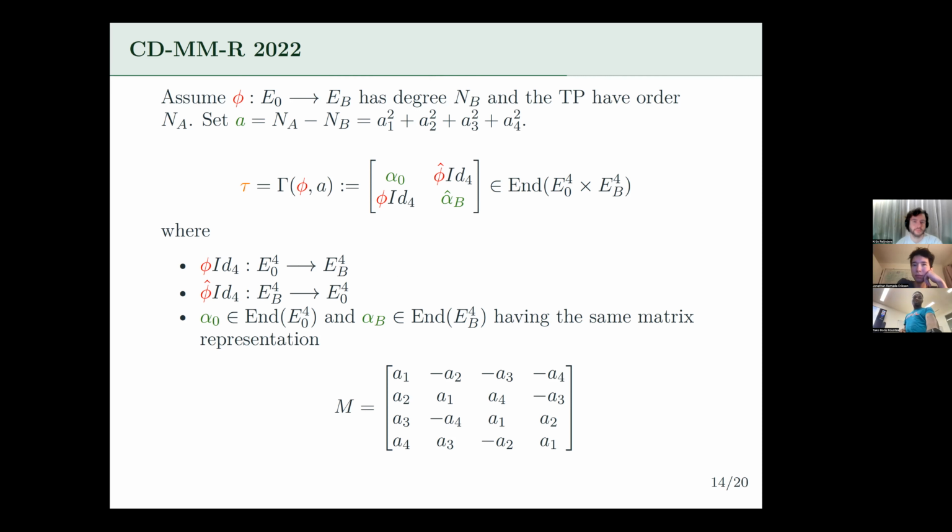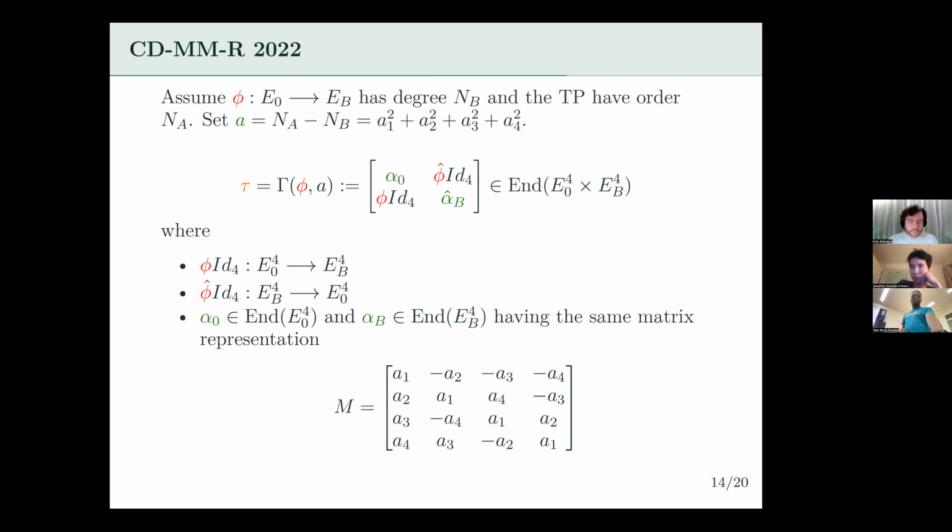When you have your secret isogeny phi, you can consider these secret diagonal isogenies, phi identity 4 and phi dual identity 4, that go from the 4 copies of E0 to the 4 copies of EB, and the dual that goes from the 4 copies of EB to 4 copies of E0.